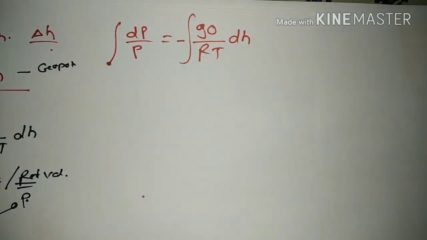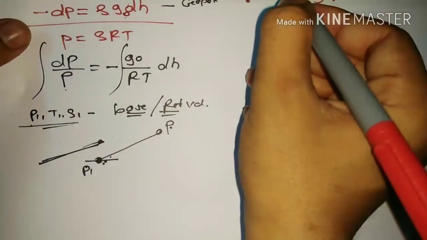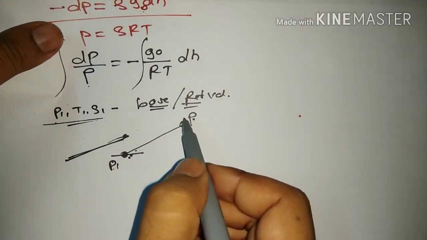Now we put the limits. The limits are: we are integrating dp by p from p1 to p.